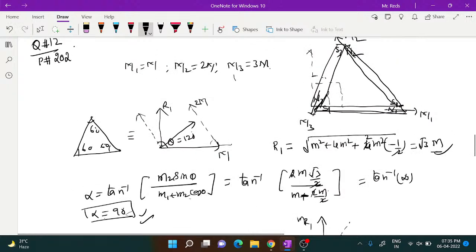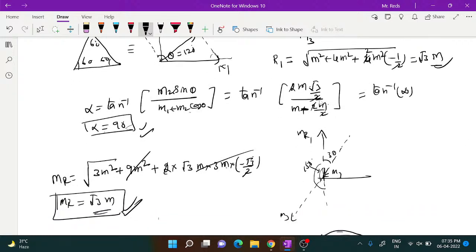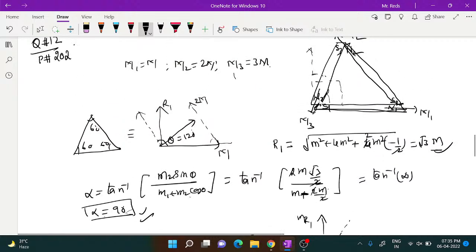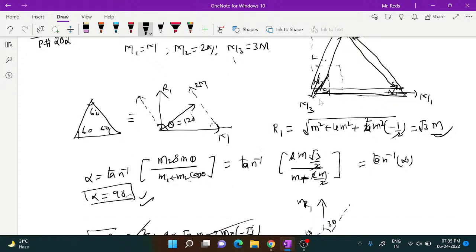So 90 means you can draw the resultant of the first two with respect to M1. This is the third one. Now we want the resultant, so we have two vectors.